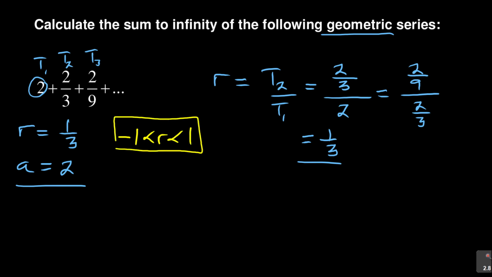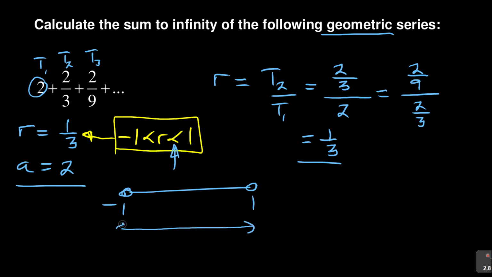Just check if it fulfills that, which is correct, because 1 over 3 lies somewhere here. If I put it on a number scale, I have minus 1 and I have 1. So r must be between this range. Are you with me? That is the range of r.